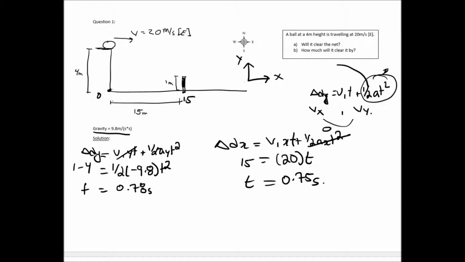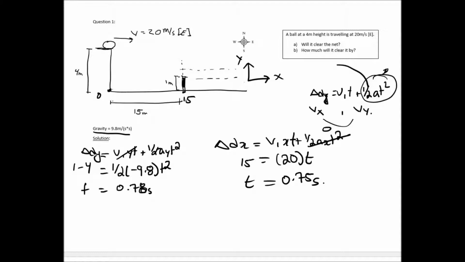Since this is greater than that, it tells us that at 0.78 seconds, the ball is somewhere in this area. At 0.75 seconds, the ball is right here.